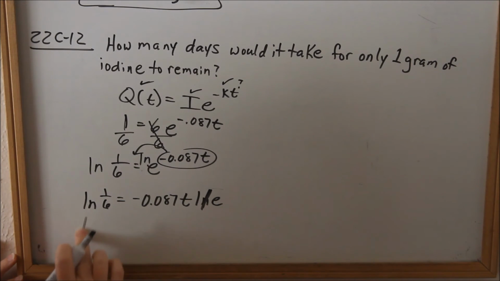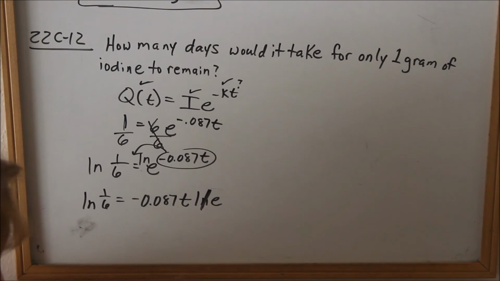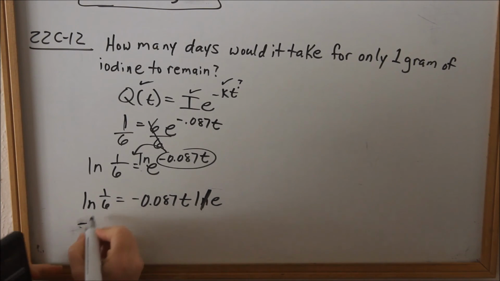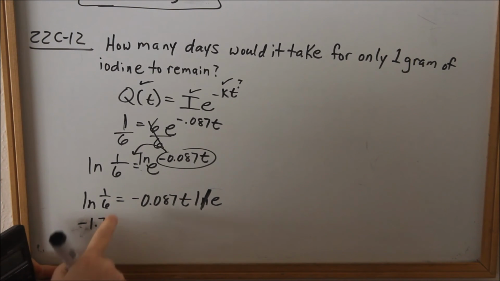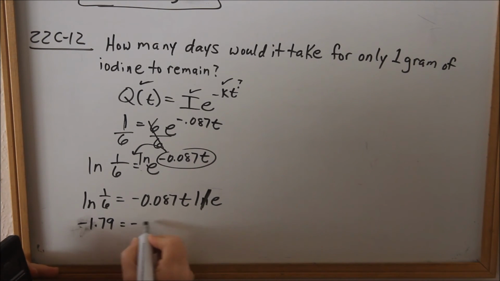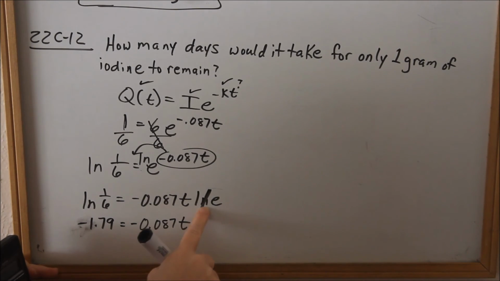Now I'm going to turn this natural log of 1/6 into a decimal, and that becomes negative 1.79. I basically did 1 divided by 6, then took the natural log of that. So negative 1.79 equals negative 0.087 t, because that was 1.